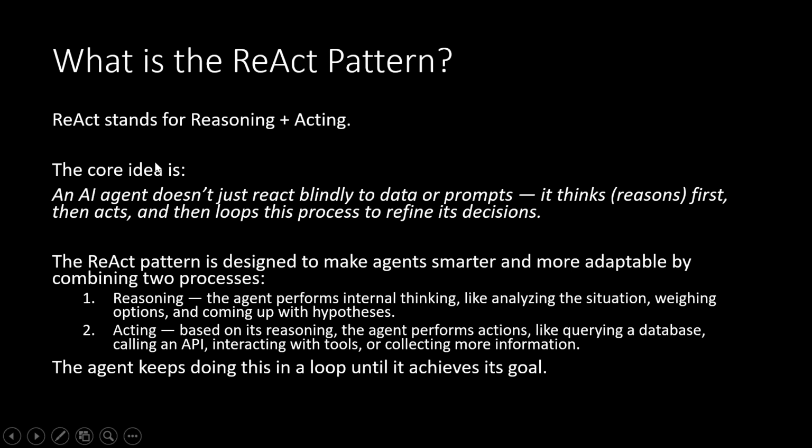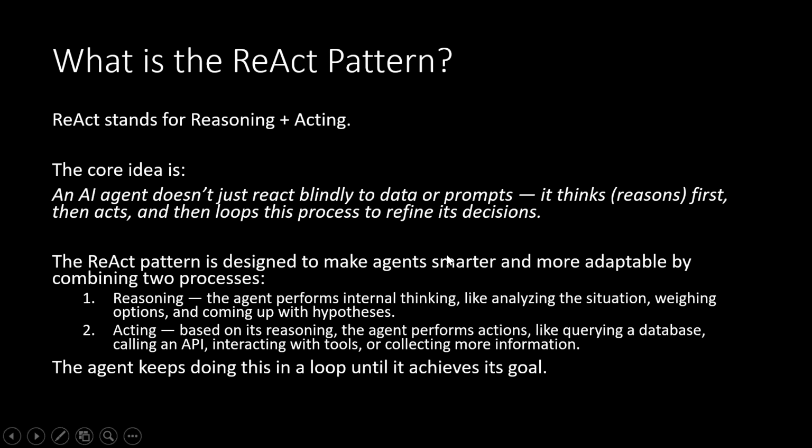Okay. The core idea is an AI agent does not just react blindly to data or prompts. It thinks first, then acts, and then loops this process to refine its decision. We want to give this capability to our applications, where it can reason and think before giving me the final answer so that my effort is minimized.